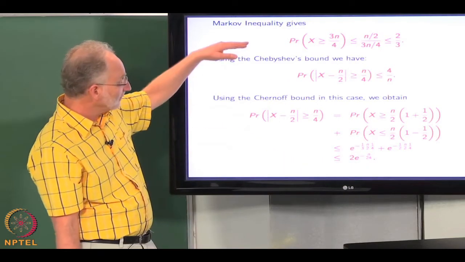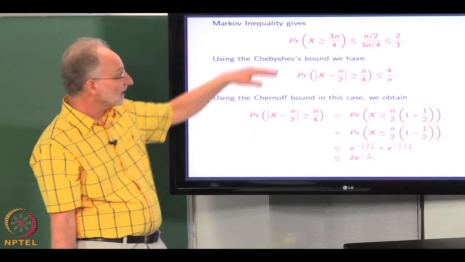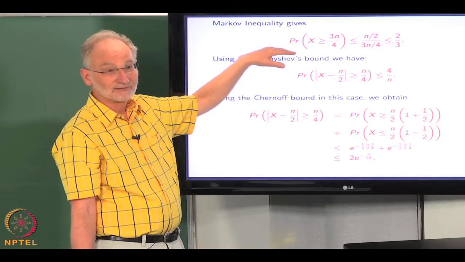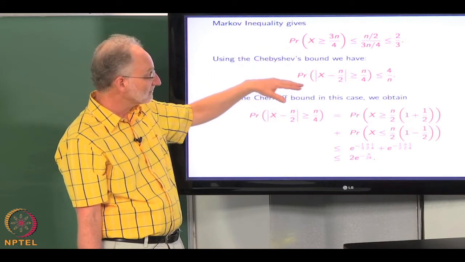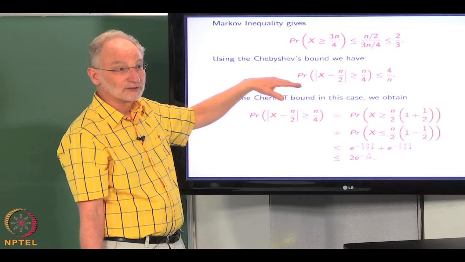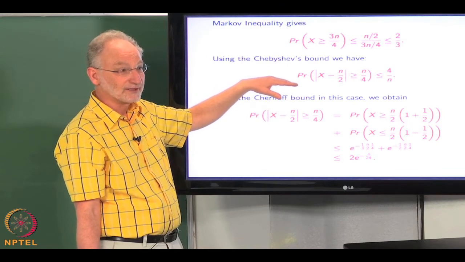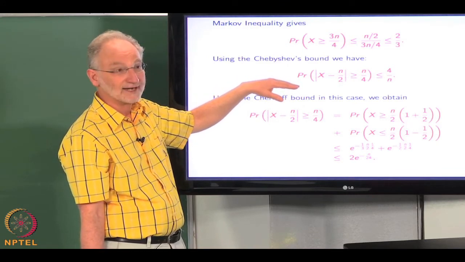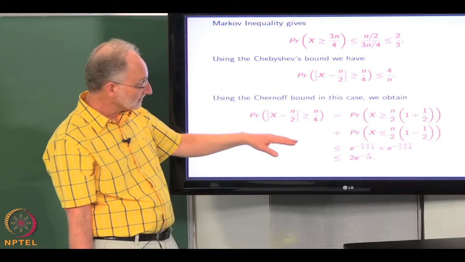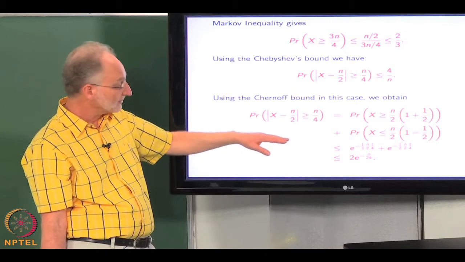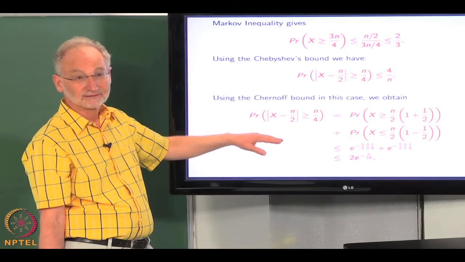Going from one to the other, we started with a bound that doesn't even go down to 0 as n goes to infinity. Then Chebyshev gave us a bound that goes down to 0 as n goes to infinity, but as 1 over n, or inverse linear. And then we get a bound that goes down to 0 exponentially in n.